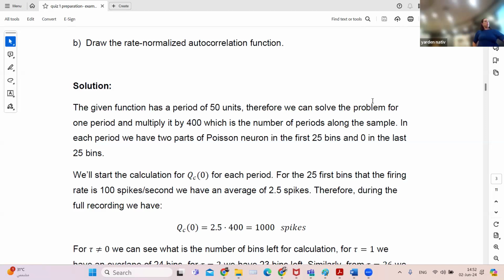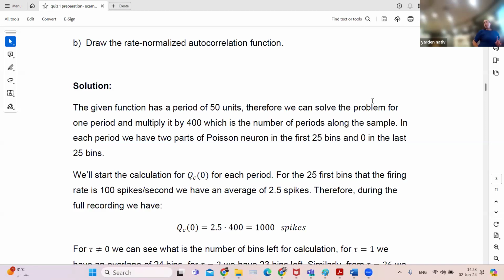You cannot multiply by 400, because it would mean that you have a rate of 100 hertz for the whole recording.